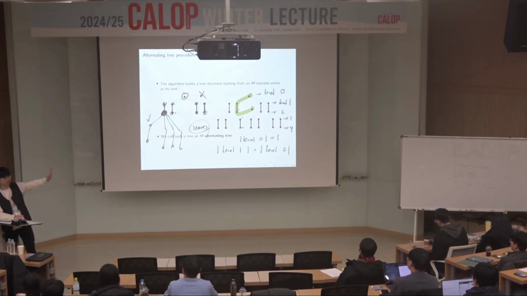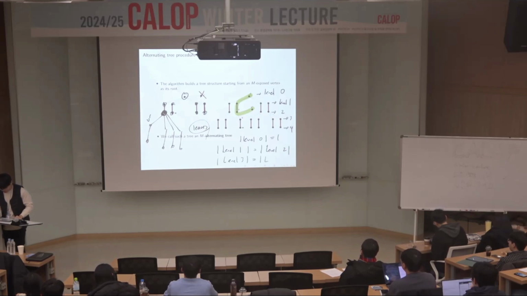This is because of the way we enumerate the edges for the odd level. You have these neighbors of the exposed vertex, and when you grow to the next level, we are using the matching edges. Each vertex at level 1 has to be matched with one vertex, because that's the definition of the matching, right? Also, the size of level 3 equals the size of level 4. We have this property.